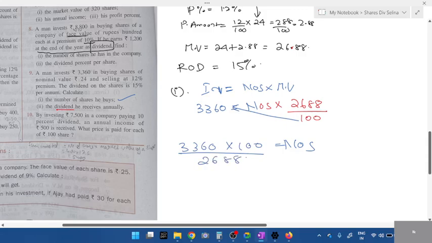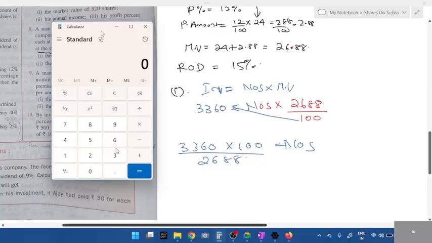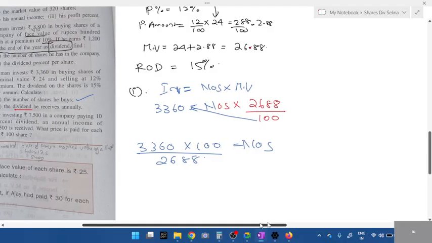2688. First, let me check. Yeah, 2 times table. 360, 200 divided by 26, and it's a whole number, 125. Let's calculate and check.